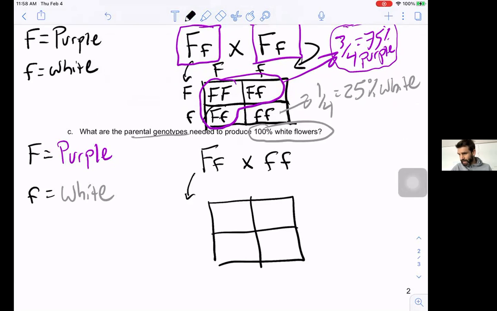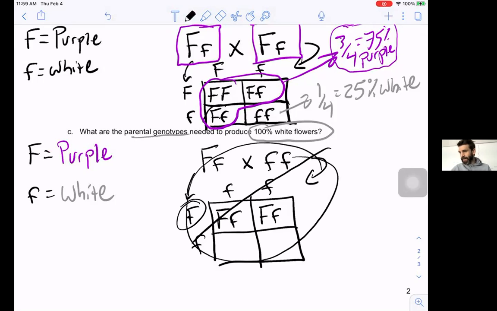you're still going to get, this is not going to get you 100% white flowers, because look, this top row here is getting that homozygous dominant gene. That is not going to get you 100% white flowers.